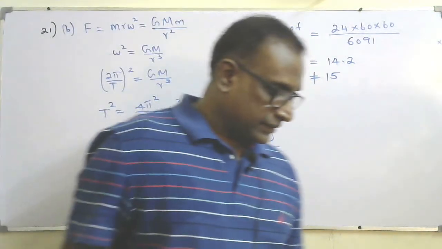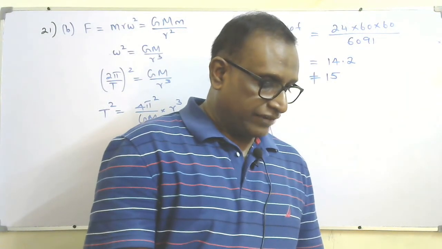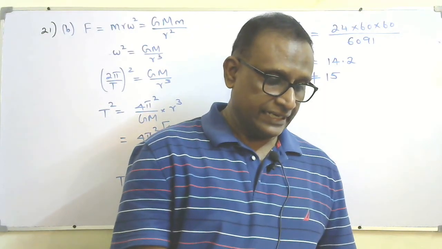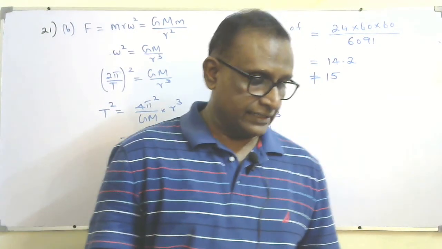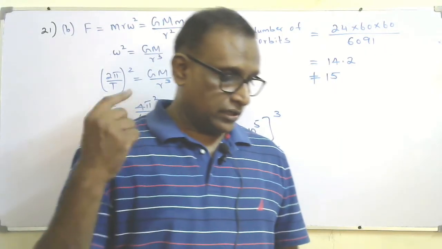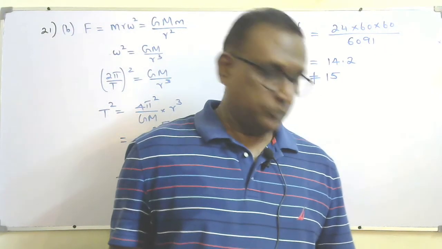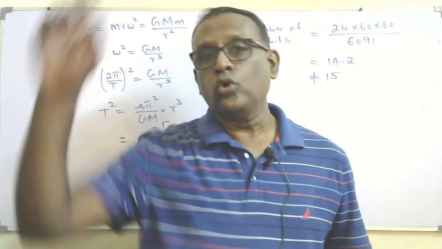Okay, the last part. Give one advantage and disadvantage of placing a weather satellite in a polar orbit rather than in the suggested equatorial orbit. So you can say the advantage of keeping it in polar orbit is it can cover more regions.